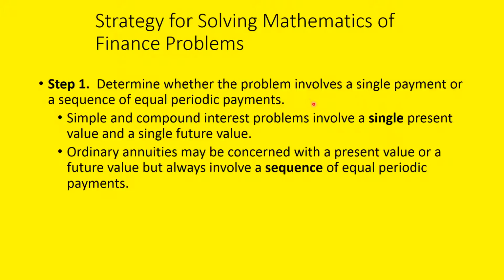Okay, so when you see a sequence of equal periodic payments, you know you're talking about an annuity.